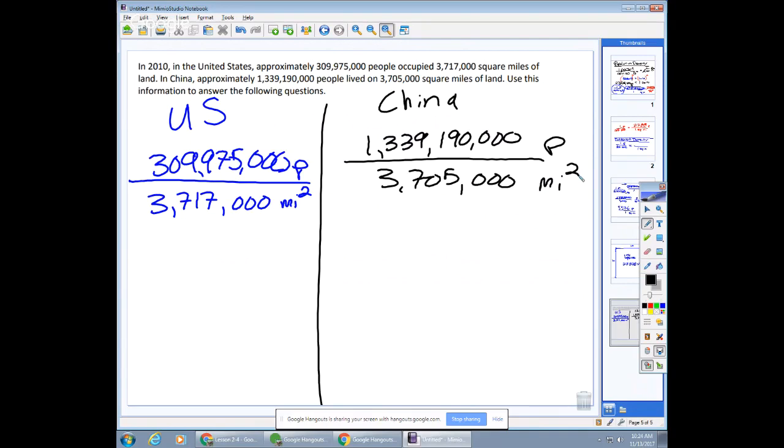So is China land-wise much bigger than the US? They're pretty darn close, aren't they? Who has more people? So who is more dense?